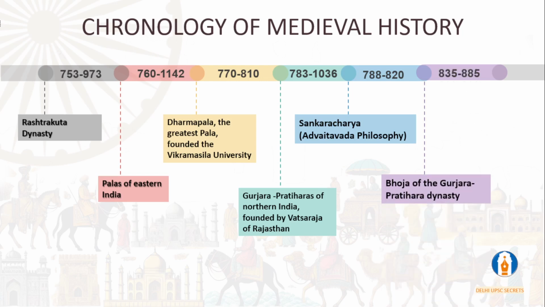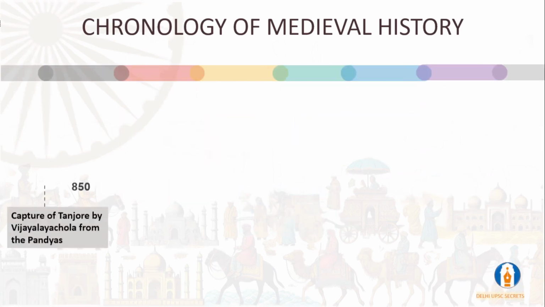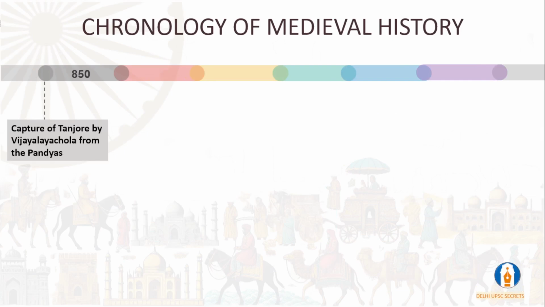Then 835 to 885 AD is a period when Bhoja of the Gurjara Pratihara dynasty was prominent. Next, in 850 AD, we see the capture of Tanjore by Vijayalaya Chola from the Pandyas, because from 850 onwards, we see the rise of the Chola Empire in the Tamil Nadu region.